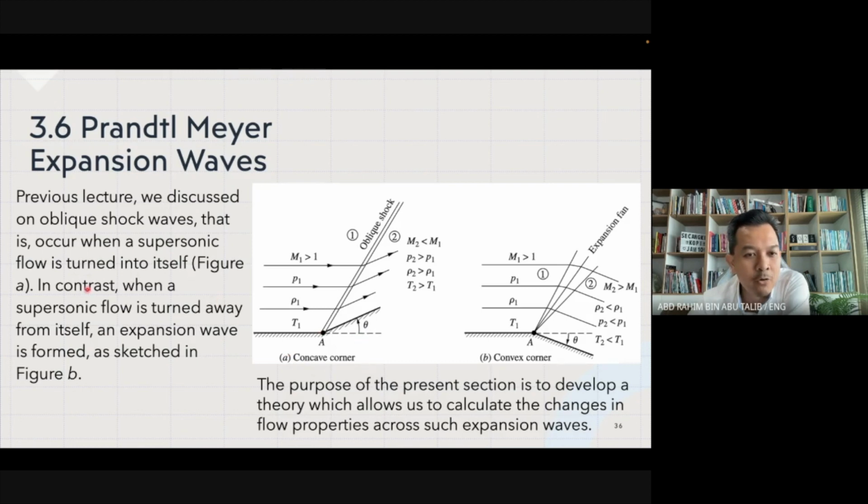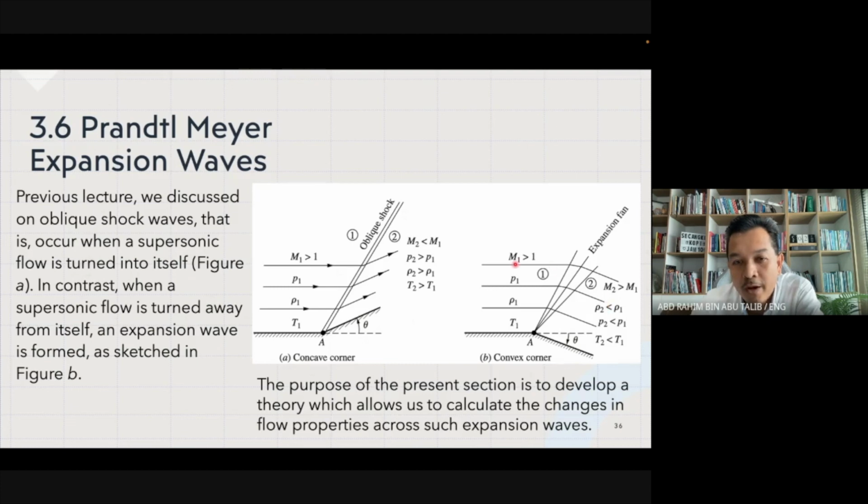In contrast, when a supersonic flow is turned away from itself, we have an expansion wave. So instead of a concave corner, we have a convex corner. We have the theta down here instead of theta up here, as sketched here. If it is like this, it is called a concave corner and you have an oblique shock. But if it is like this, with the theta down here, it is an expansion fan.